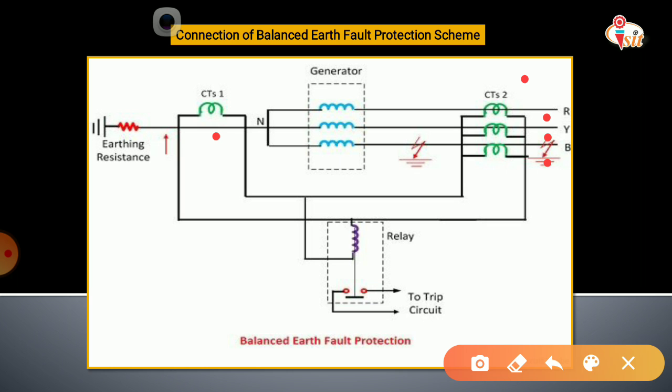So their secondary is connected in parallel with that of the CT mounted on the conductor joining the star point of the generator to the earth.